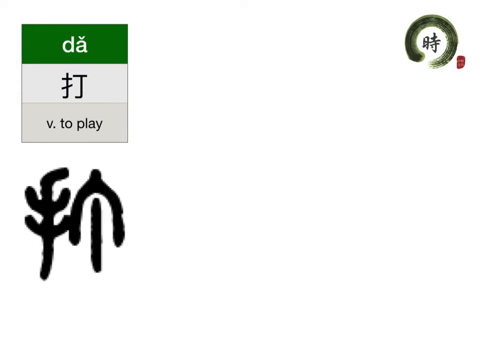So 打 here is also a verb. It has many meanings. Here, when we use 打 together with ball games, it means play. According to the Asian form of 打, the left part is a hand, and the right part looks like a bell. In ancient times, people played the music by beating the bell, which has the sound of ding, ding, ding.